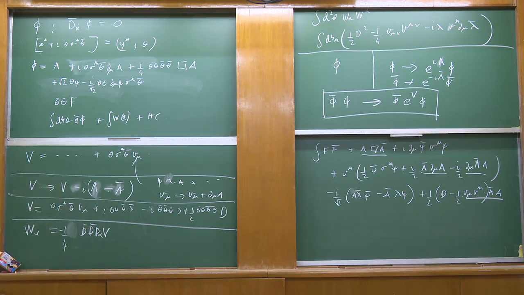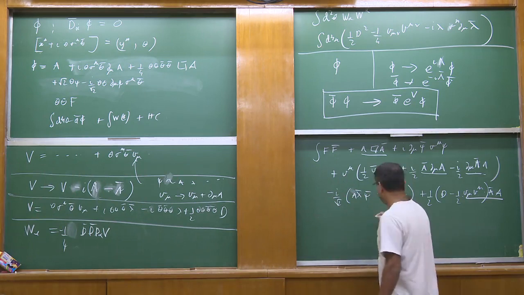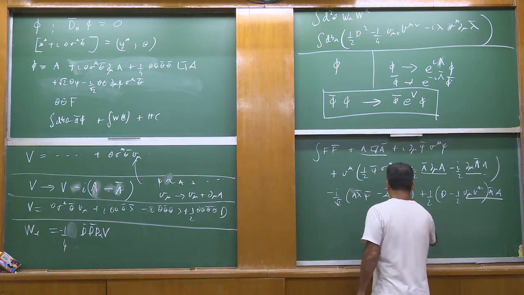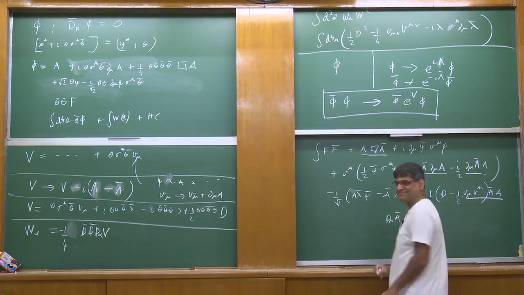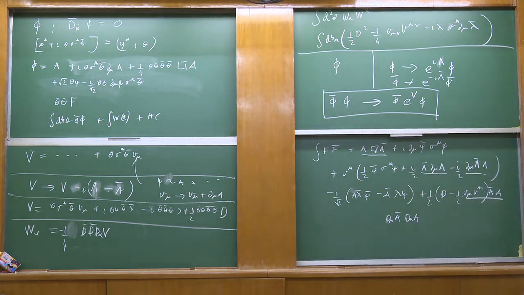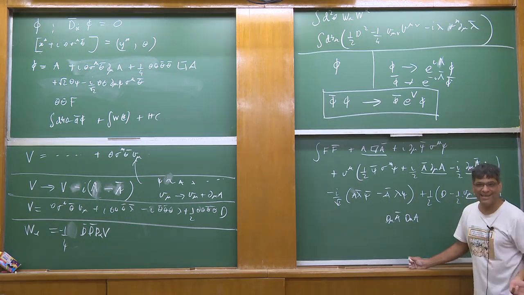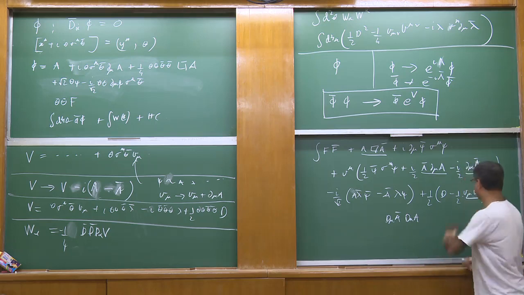That would be, after an integration by parts, D mu a bar D mu a. There would be a term with two derivatives, two terms with one derivative and one a, and one term with two a's. That's what we have.